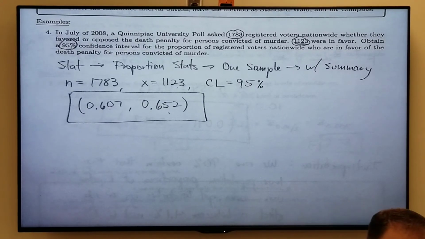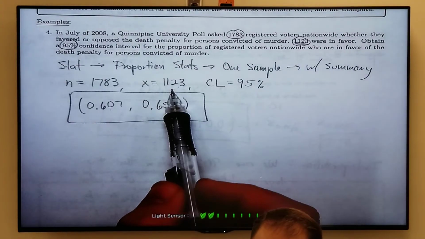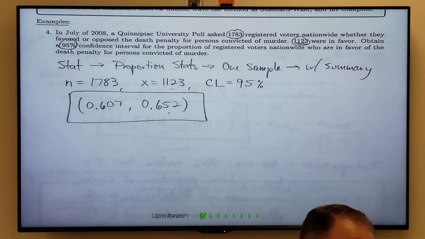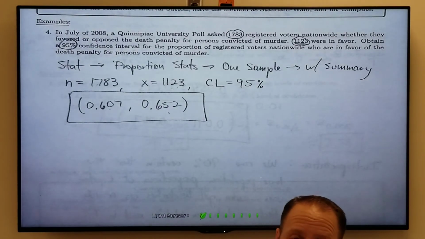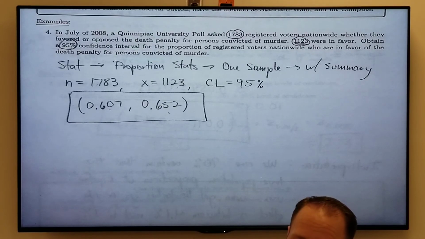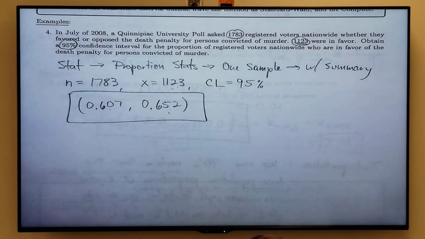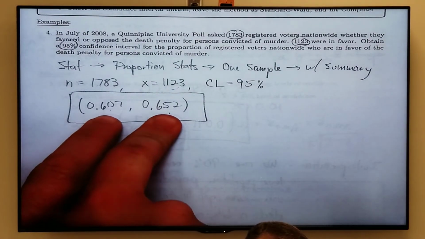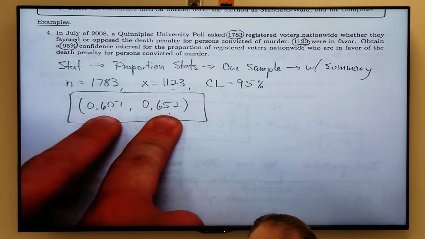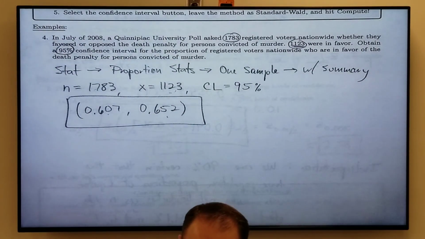StatCrunch told us the sample proportion, 1123 out of 1783, was 63%. So in that sample, 63% of people were in favor of the death penalty. But in terms of the population at large, based on that sample information, we would say we're 95% sure somewhere between 60.7 and 65.2% of people would be in favor of the death penalty.